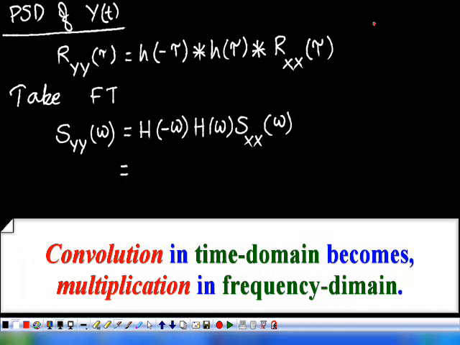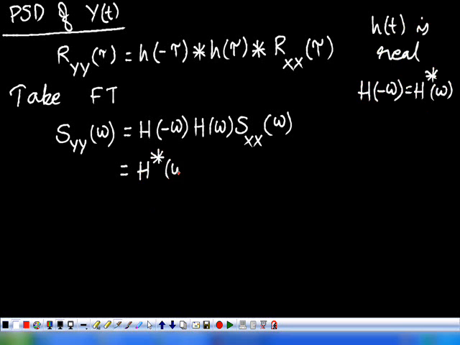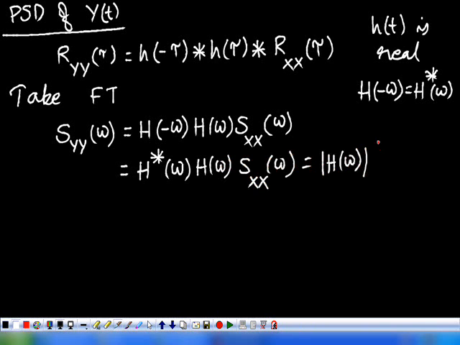See, if h of t is real, H of minus omega can be written as H star of omega. That is conjugate symmetry. So therefore, this is H star of omega times H of omega, which is equal to mod H of omega whole square.